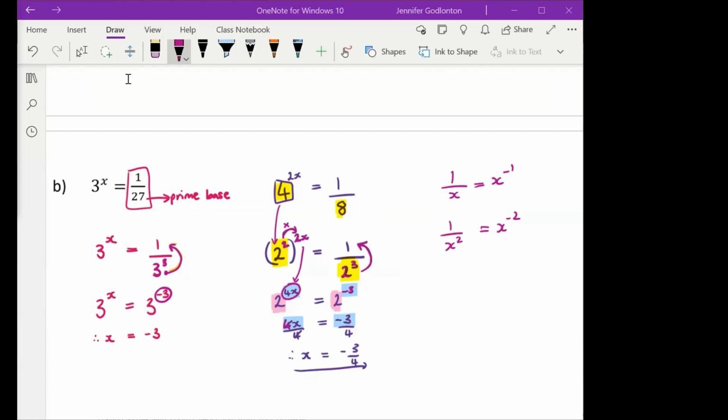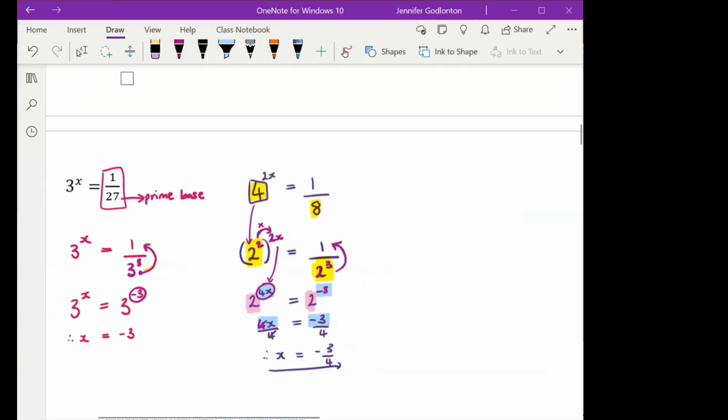Okay, let's try another one sort of similar to these, and then we'll try a different type of question. So let's do 7 to the 3x is equal to, that's a little bit yucky, a nice big number, 117,649.